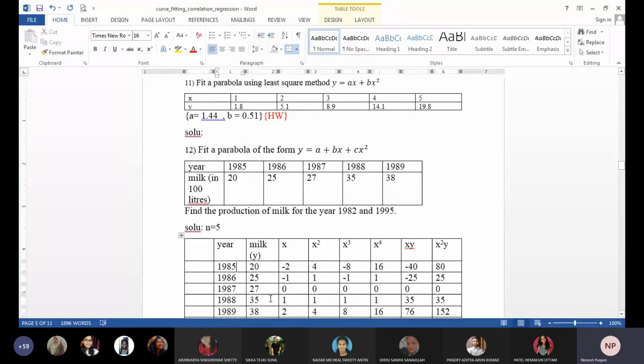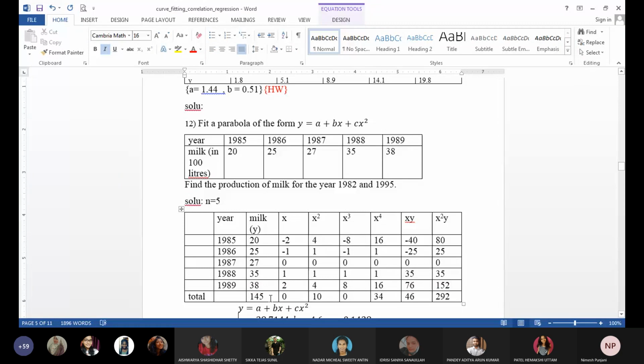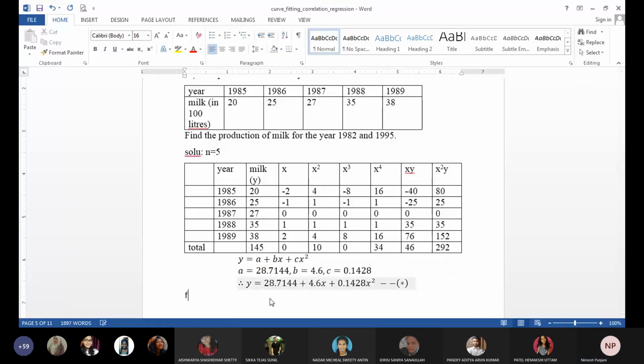Production of milk in the year 82 and 95. Okay. So for the year 1982, take x equals to how much? -5 in star.